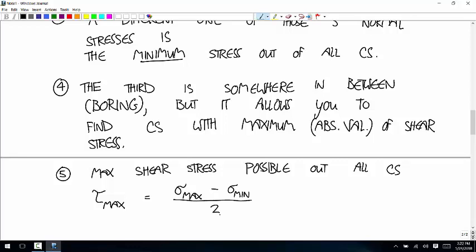And so if you have a brittle material that's just going to break because of shear stress, you calculate those principal stresses for your state of stress, use that formula, calculate the max shear stress, compare it to some maximum allowable shear stress for that material. And that'll just tell you it's going to break or it's not going to break.